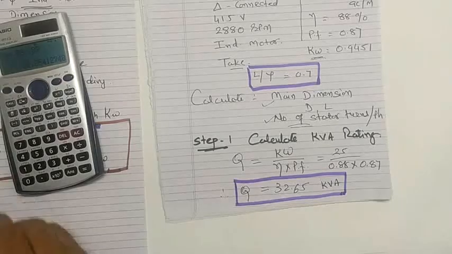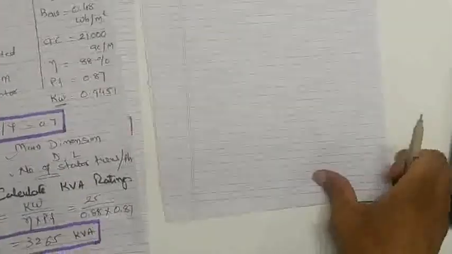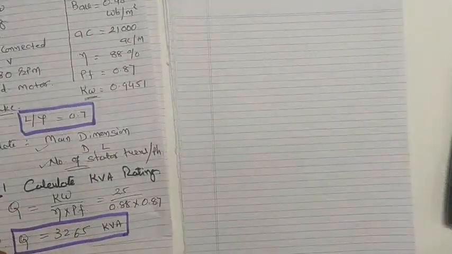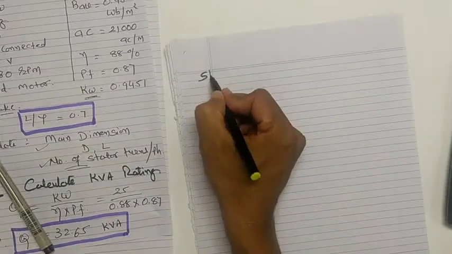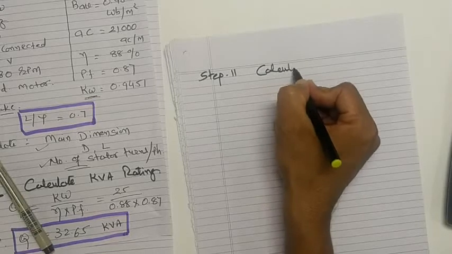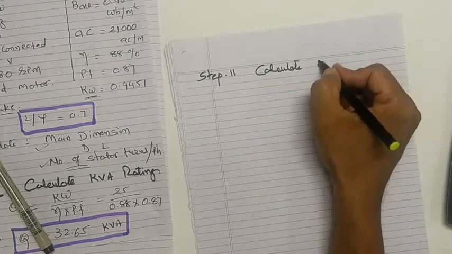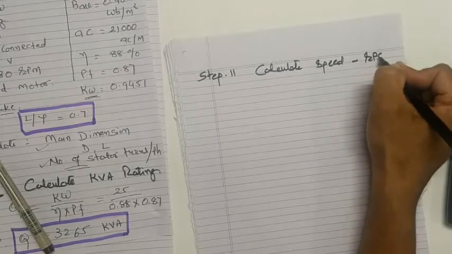Q is available now, 32.65. So now our second step, step number 2, is to calculate speed in RPS.